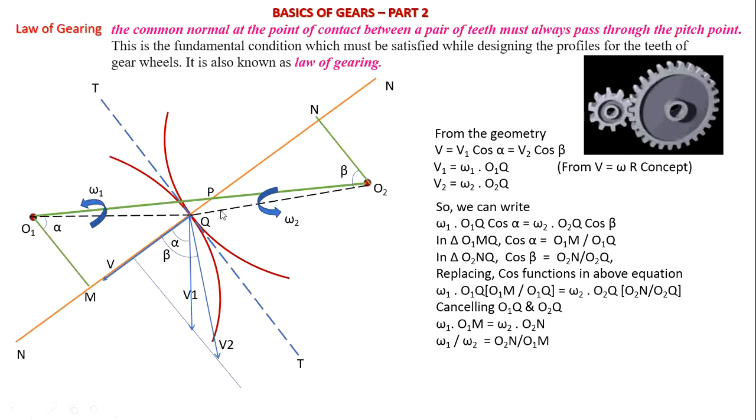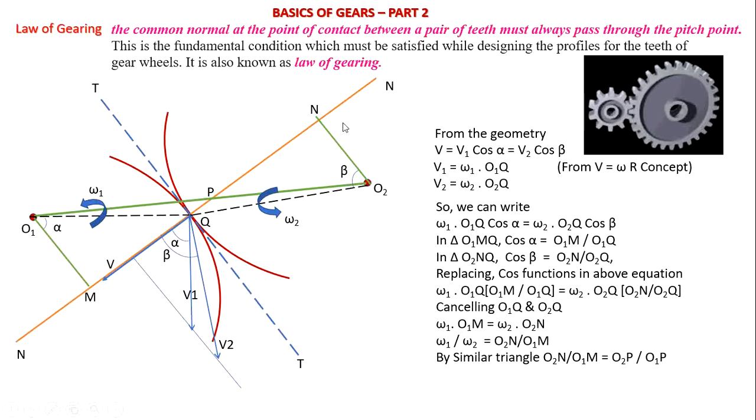Subsequently, if we consider the triangles O1PM and O2PN, by applying the similar triangle concept, if these are on the same line, this ratio will be the same as these ratios. That means O2N is similar to O2P, and similarly O1M is similar to O1P.